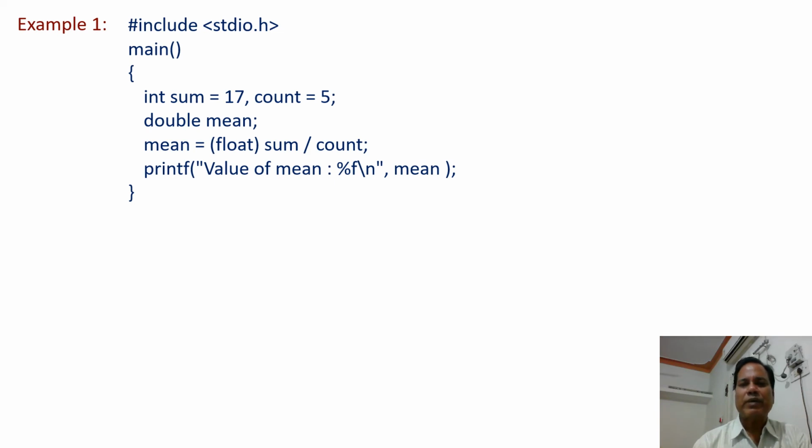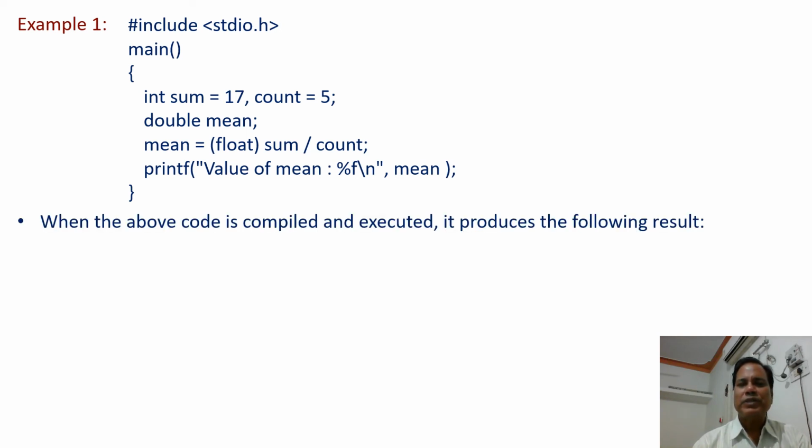So first the variable sum, which is of integer type, gets converted into a float variable, and then the operation involves a float operand and an integer operand, and finally we get a float result, which is the correct result here, and using the printf function that value gets printed. So the float in brackets is written just to typecast the data from integer to float to get the correct result.